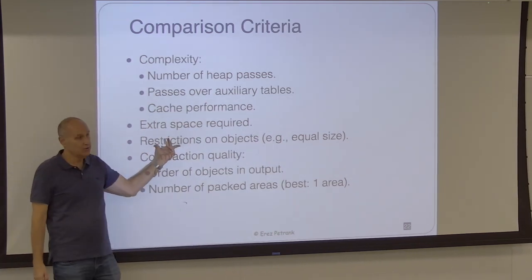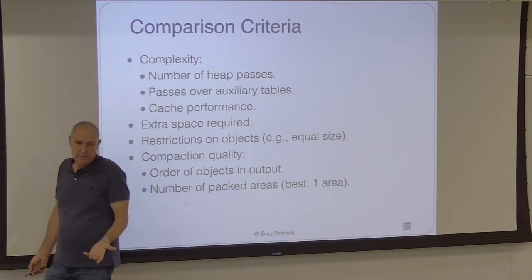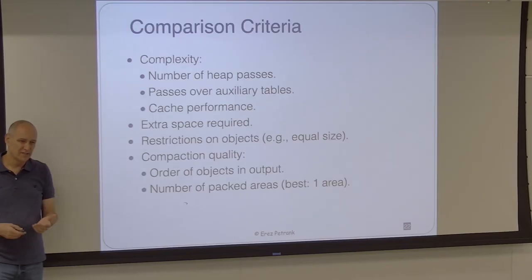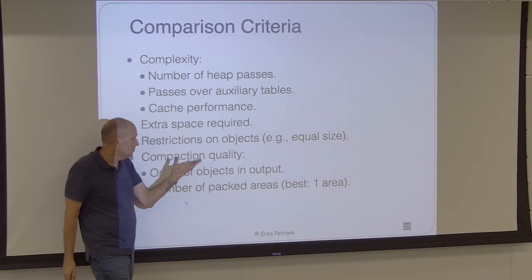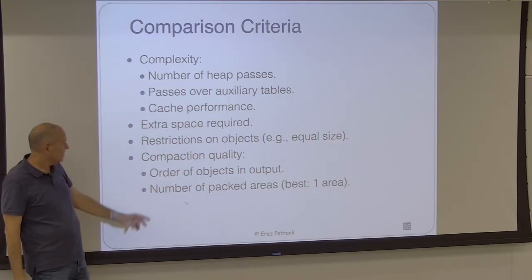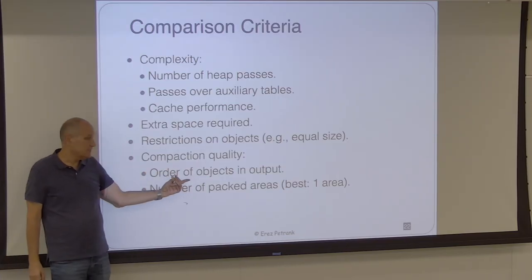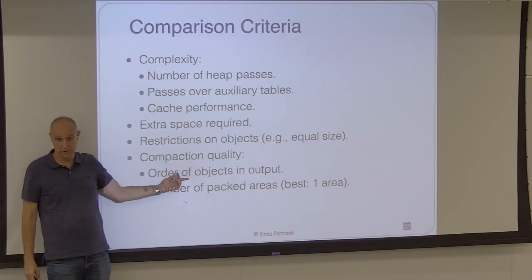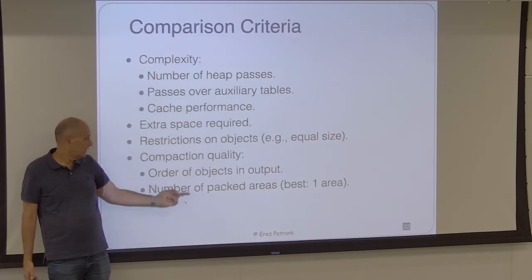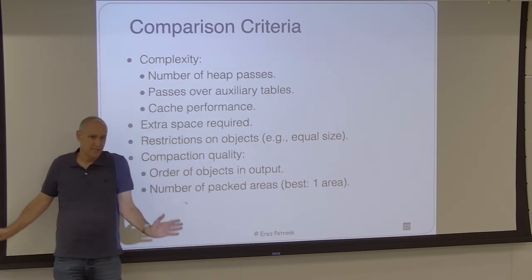Restrictions on objects, you have here the equal size restriction, but there's no real point in extending this algorithm because it's just bad in locality. So we'll not talk about extending it. Compaction quality is the order of the objects in the output, which is not good here. It's arbitrary. And the number of packed areas here is excellent.